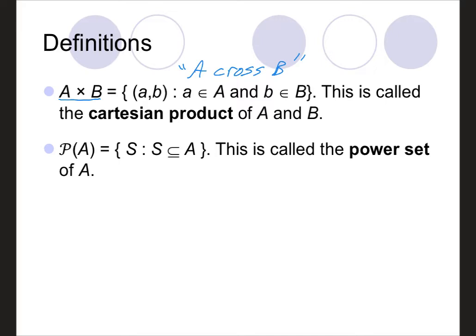That's just all ordered pairs where the first element or the first component comes from the set A and the second component comes from the set B. And then the second one is the power set of a set. So if you start with the set A, you look at all possible subsets, and then you put those subsets as elements of a set. We'll look at examples here on the next slide.